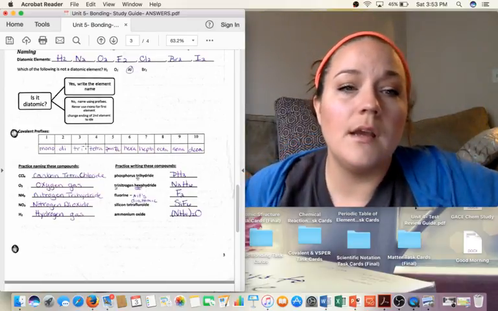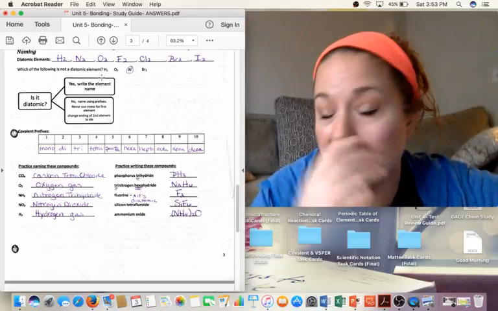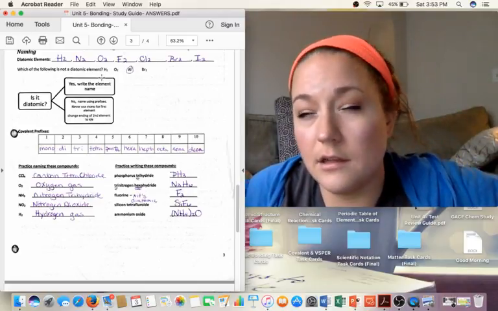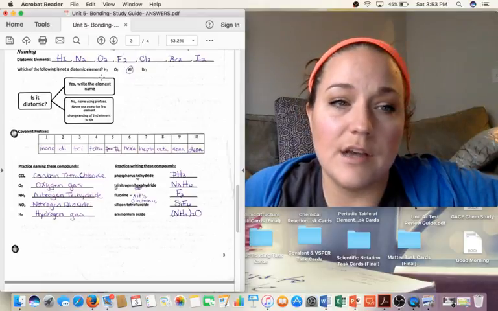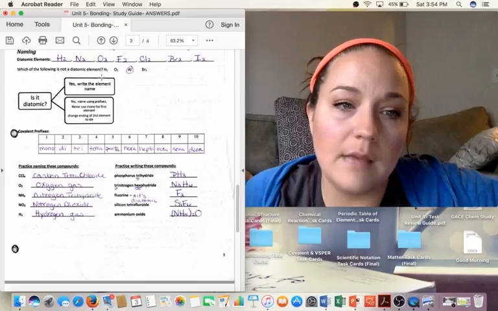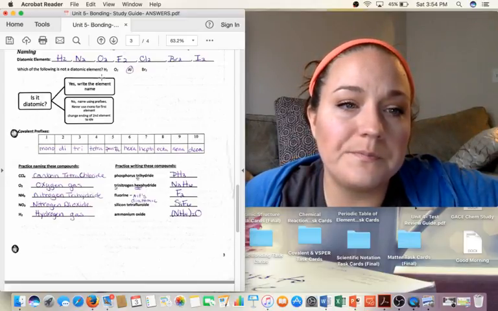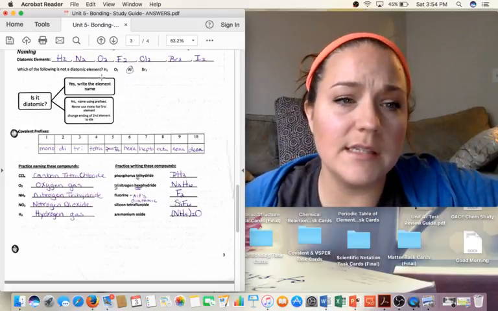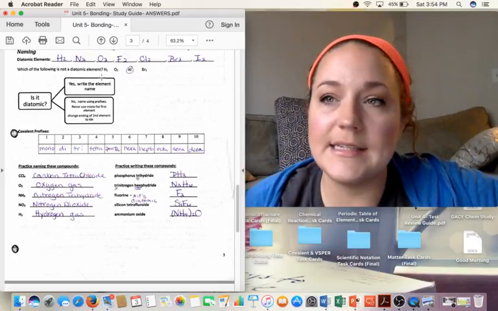All right, so which of the following is not a diatomic element? Al is aluminum. It is not a diatomic. Now naming: write the element name, use prefixes, never use mono for the first element, and change the ending of the second element to ide.